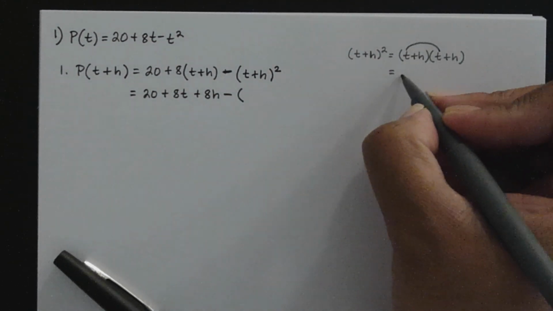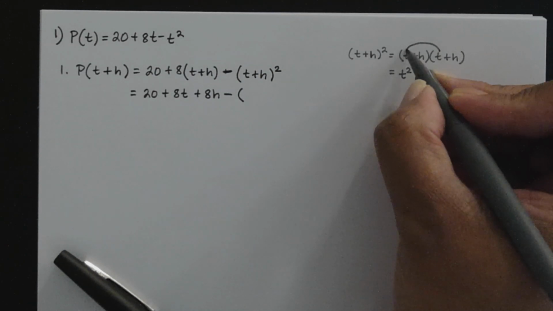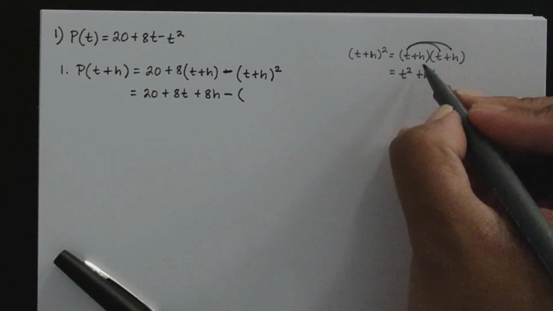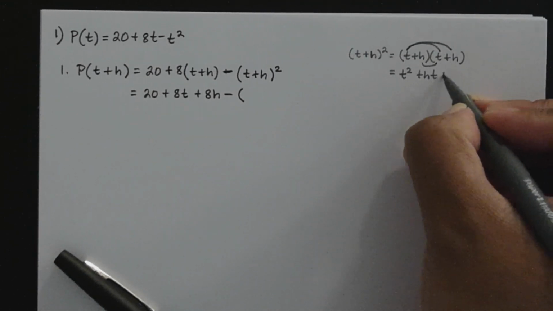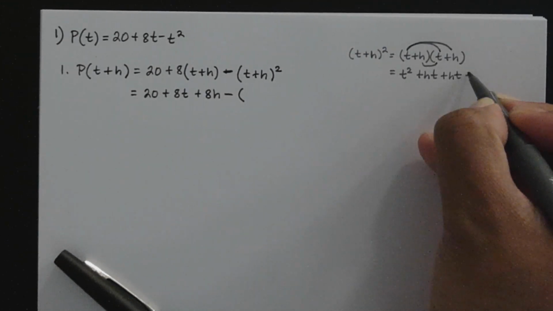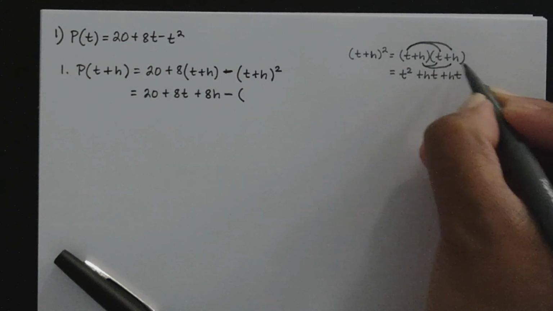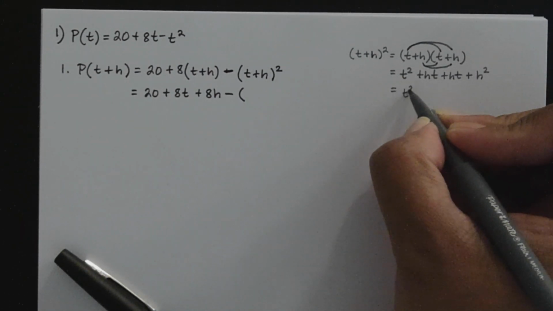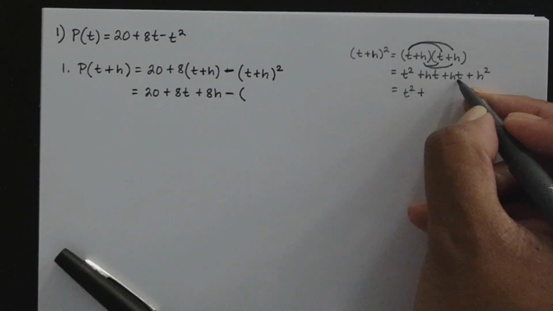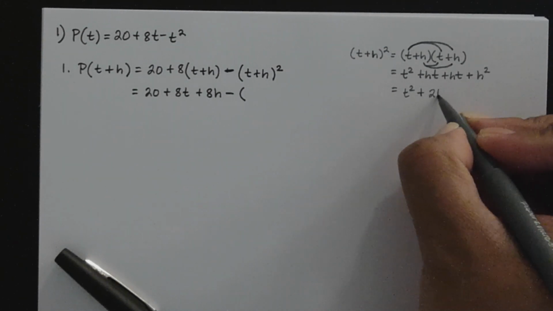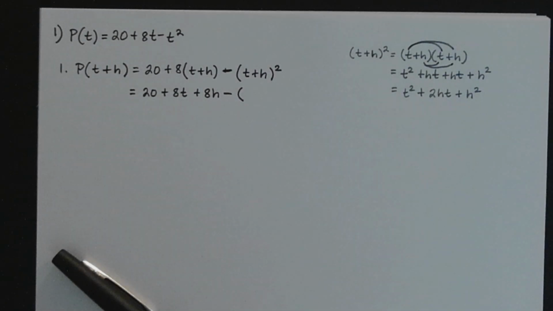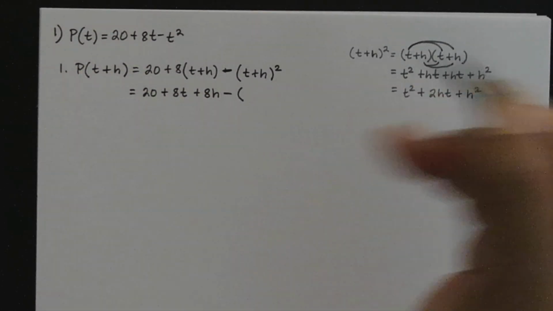So here T times T, T squared, outer, T times H. I'm going to put the H in front of the T first. And then this other one, H times T, will also be HT plus H times H, H squared. And notice I have two HTs here, so it'll be T squared plus 2HT plus H squared. So that's what T plus H quantity squared would be.